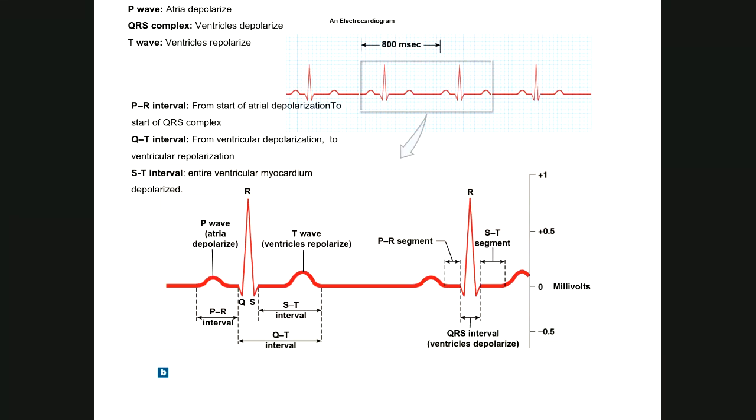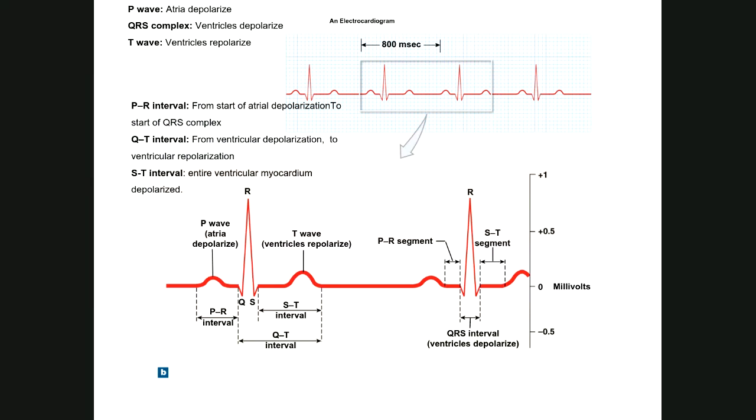So this is a graph, and this is what we obtain from an electrocardiogram. The P wave corresponds to the atrial depolarization, the QRS wave corresponds to the ventricular depolarization and the atrial repolarization, and the T wave corresponds to the ventricular repolarization.